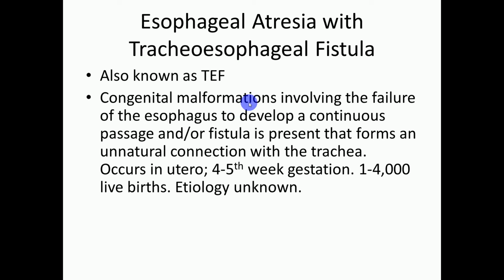Or a TEF, which is a fistula that forms an unnatural connection with the trachea. So there's a fistula between the esophagus and the trachea. This occurs in utero, 4 to 5 weeks gestation, about 1 in 4,000 live births, and etiology is unknown. It has been known to be more common in preterm infants and low birth weight infants.